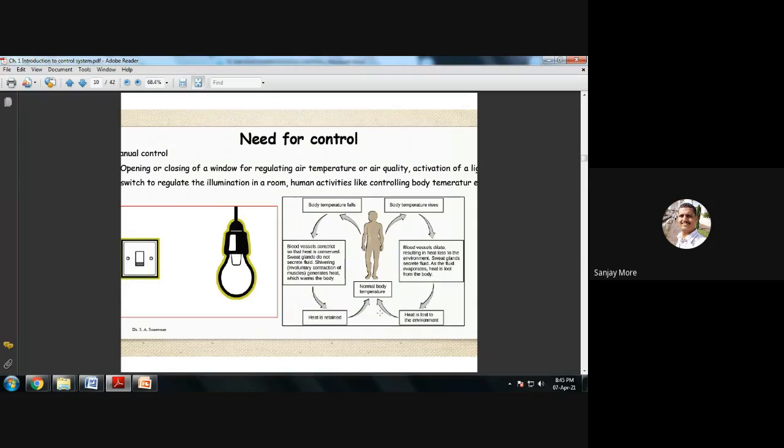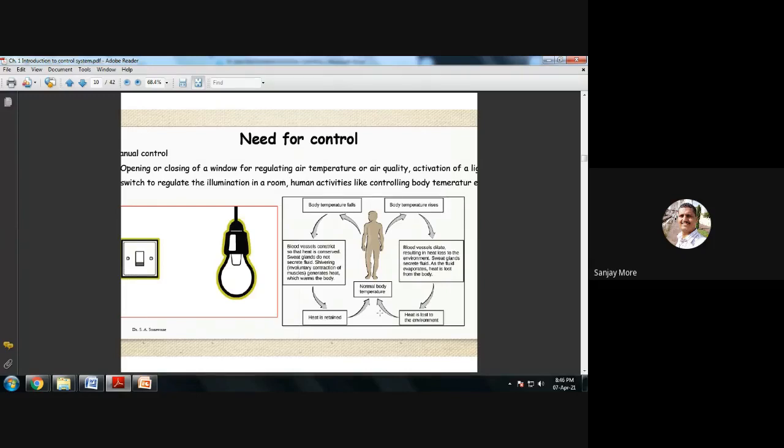Here two descriptions are there: body temperature falls and body temperature rises. Normally body temperature is approximately 35 to 40 degrees Celsius, and room temperature is different in summer season and winter season.